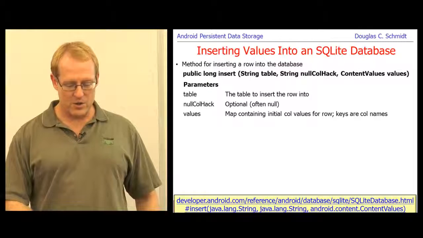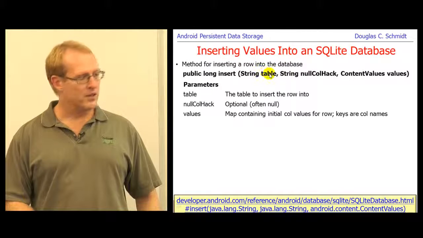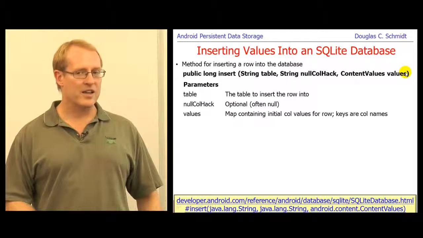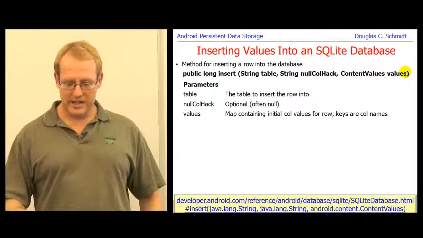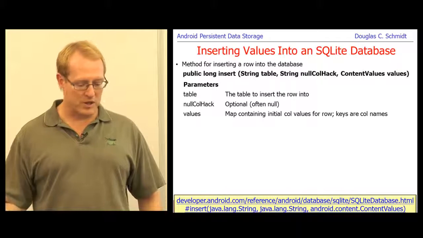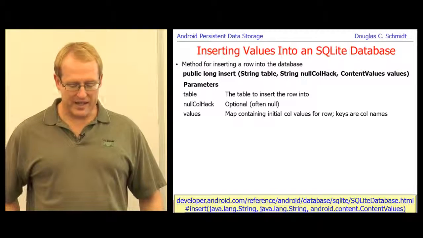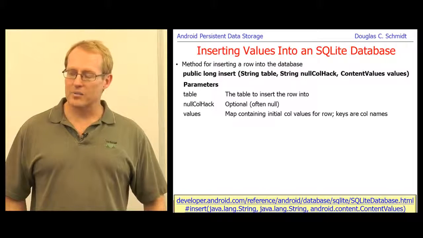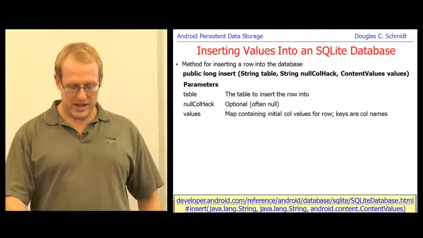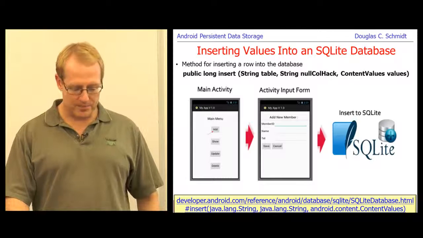As you can see here, you give it the name of the table that you want to put something into, and then you give it this thing called the content values, and that's what's going to get stuck into the appropriate place in the table. And we'll take a look at that in more detail, but as you'll see, the keys are column names in the table, and we go ahead and insert things one entry at a time.